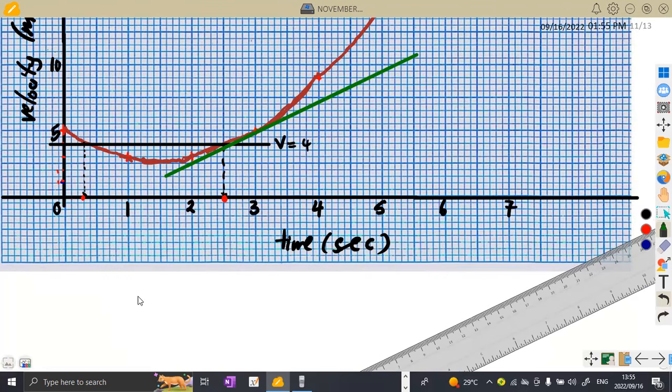What are we going to take? Okay, so this is C item 2. So we need the gradient. So remember gradient, you take points. And I told you that the first point that you're supposed to take is where t is 3, because that is where we drew our tangent here. So that is your first point. Remember, when t is equal to 3, our v is 5. So it's a point, 3 versus 5.